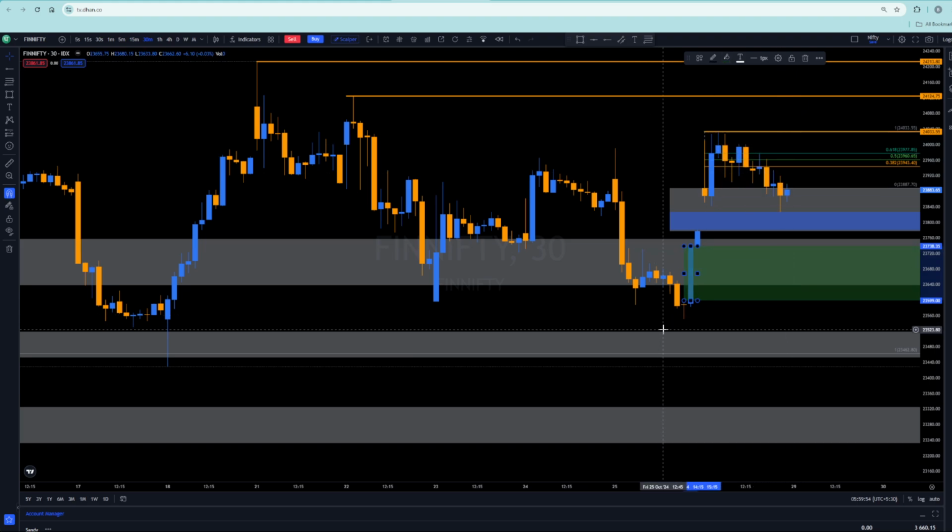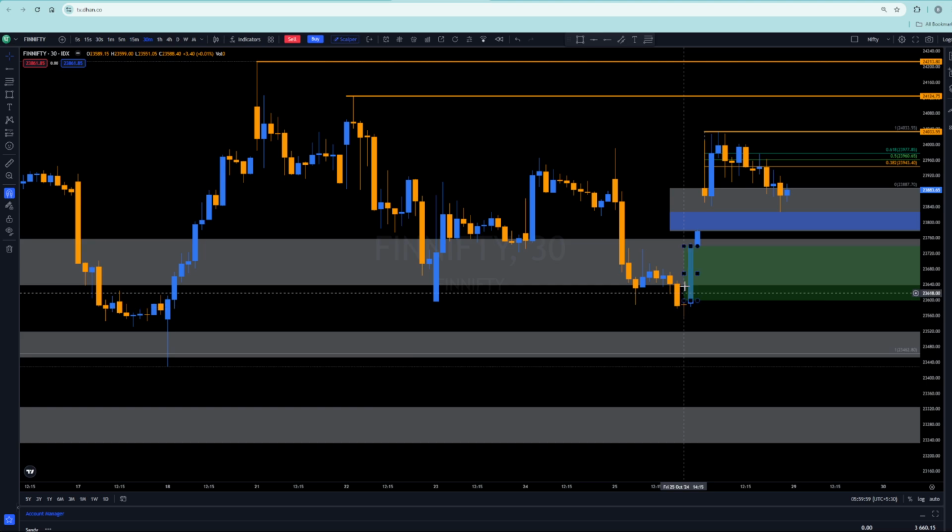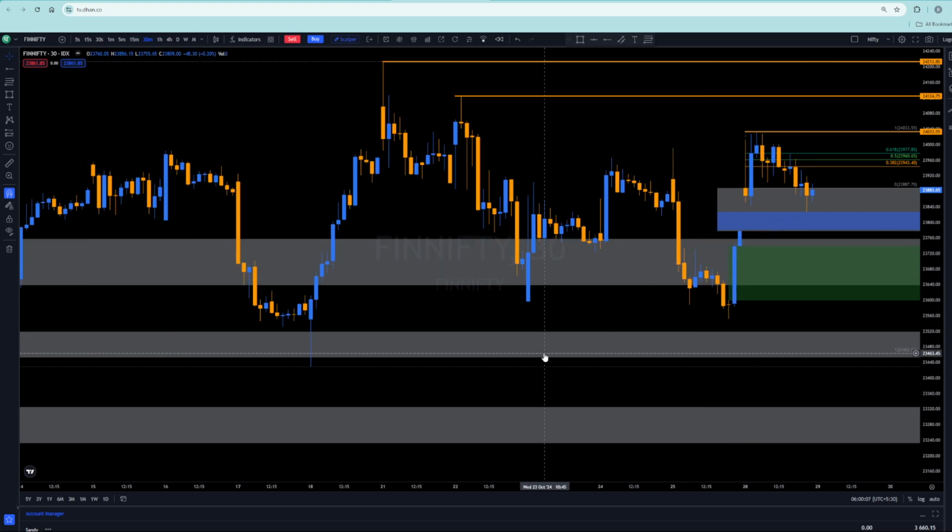Mark this in green. And even this is being covered by the volume imbalance and the clear gap, so okay. There's this large wick as well, so the midpoint is at 23,500 levels. That also becomes important.